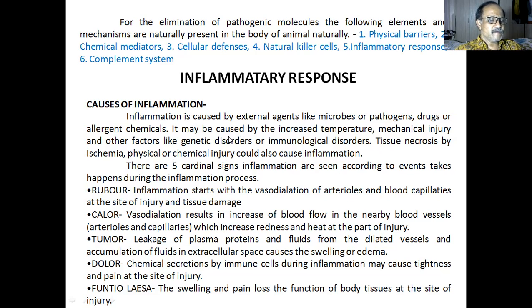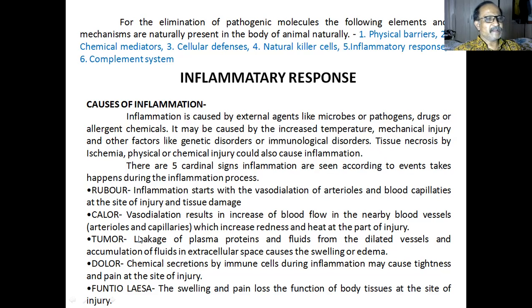Now what actually happens in inflammation? There are 5 signs of inflammation when any pathogen or foreign molecule enters the body of the animal. The body of the animal gives 5 types of signs, that is rubor, calor, tumor, dolor, and functio laesa.